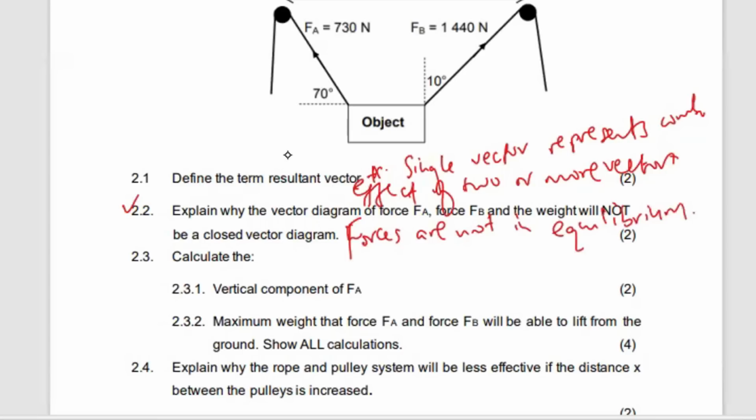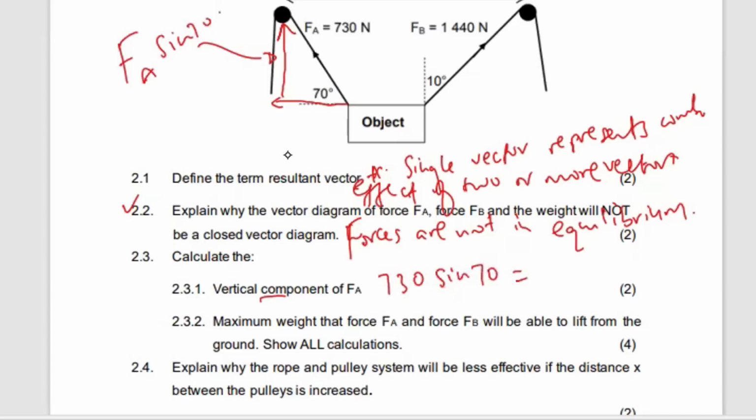And then 2.3.1, they want us to get the vertical components. So we resolve this into the horizontal and then the vertical. Remember, it's head to tail. So this vertical here, since it's just opposite, which means it's going to be FA, the sine of 70. But we already know that our FA is 730, so it's 730, the sine of 70.